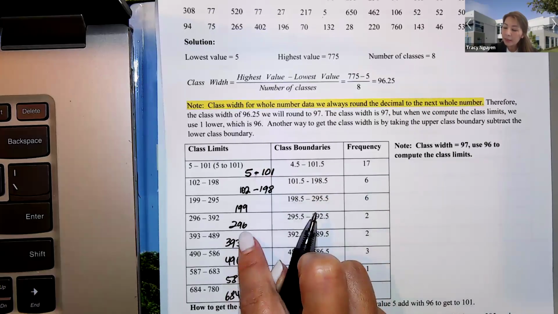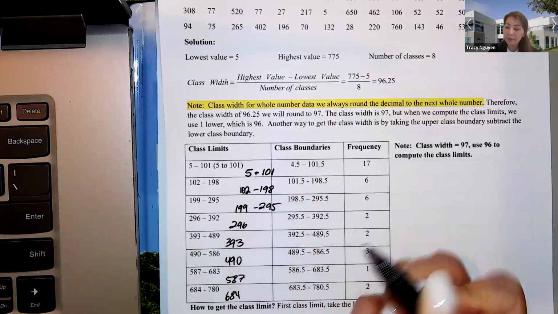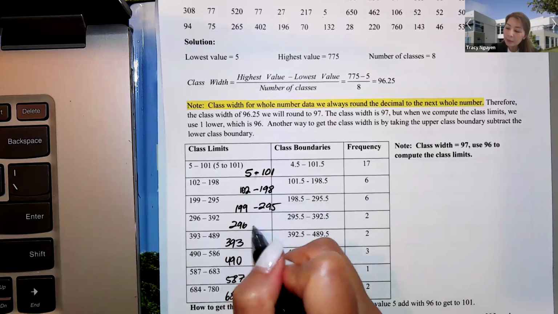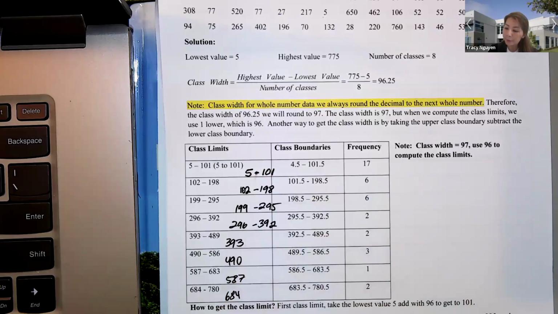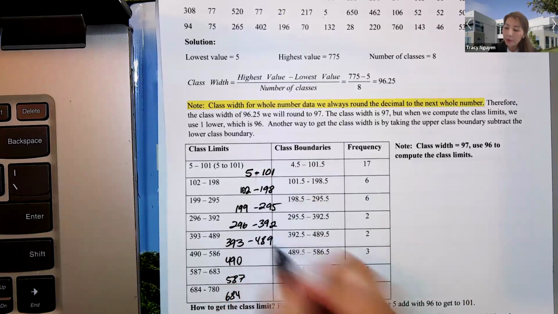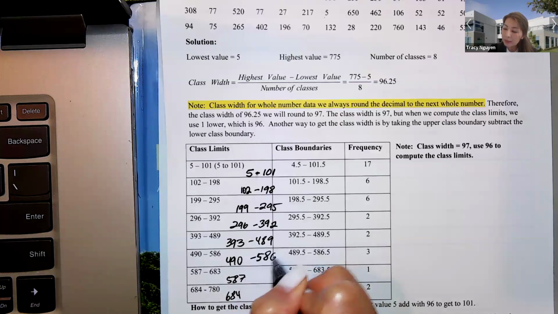This one starts at 296, then this one has to end at 295. This one starts at 393, then this one has to end at 392. This one starts at 490, then this one has to end at 489. This one starts at 587, then this one has to end at 586.